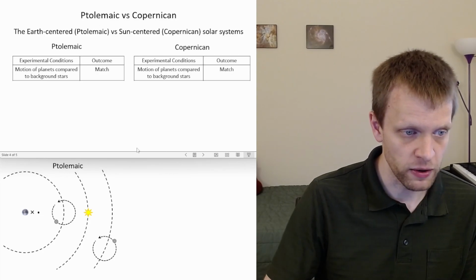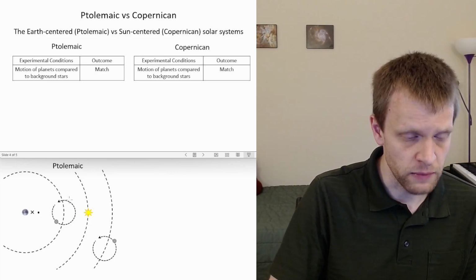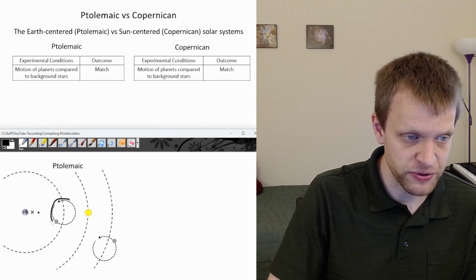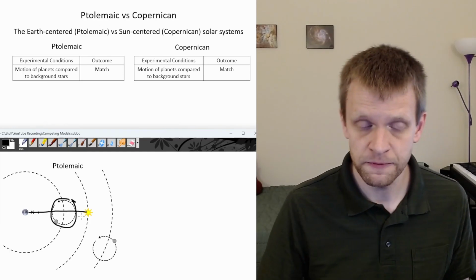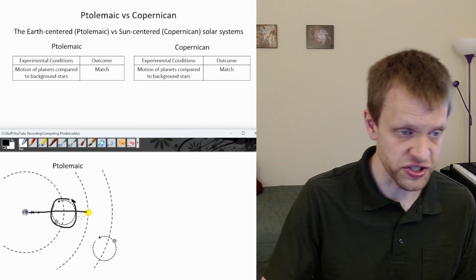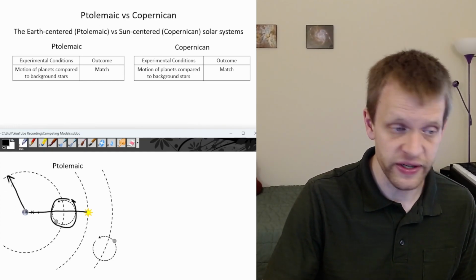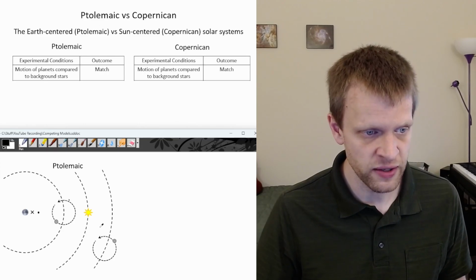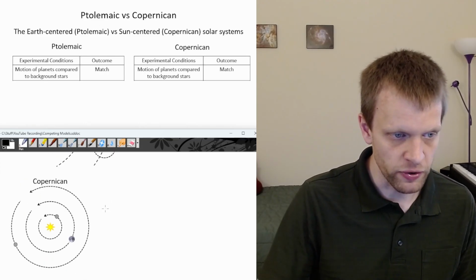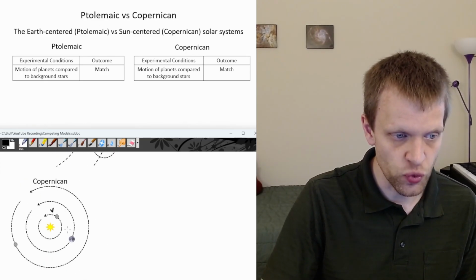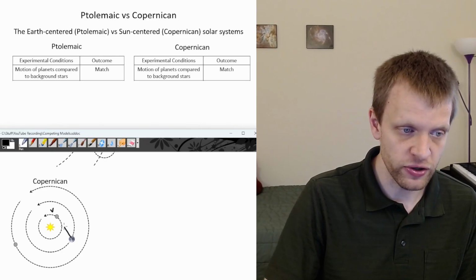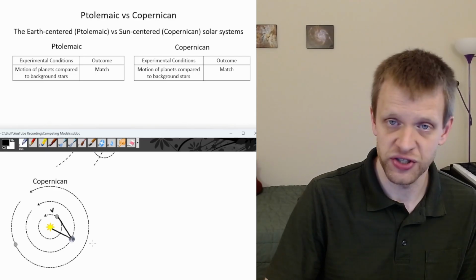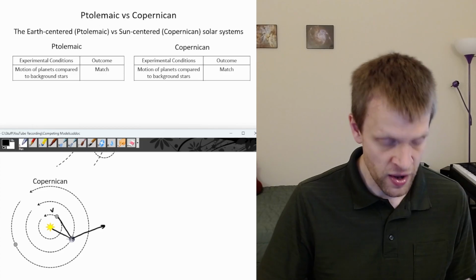For the Ptolemaic model, it's because Mercury and Venus would be going on these epicycles that are locked in place, aligned with the sun. So that's why we never see Mercury or Venus in some completely other area of the sky. Whereas in the Copernican model, Mercury and Venus would be in orbits inside of the Earth's orbit, so we're never going to see Venus any further away from the sun than that. We're never going to see Venus in this direction compared to the direction to the sun.